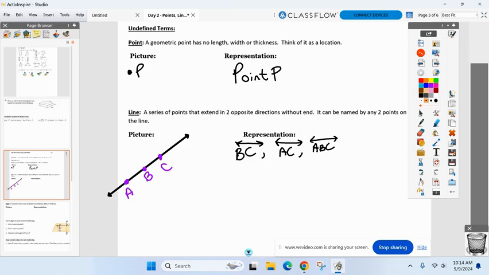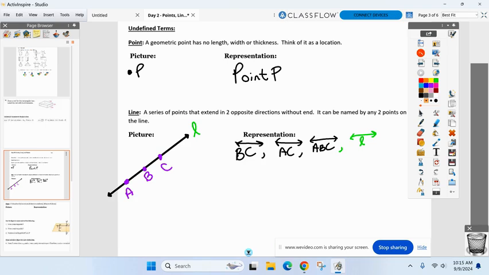Finally, and your textbook likes to do this a lot when you start using the textbook pages, instead of naming it by a point, what you'll see is a little lowercase letter next to one of the arrows. That's not a point. It's just showing you another way you could name it. So I could also name this line L. So you'll see that lowercase letter. It's not a point. It's just naming it a little bit of a shorter method.